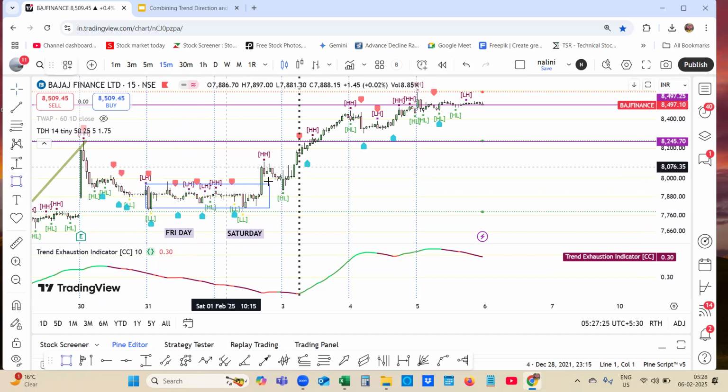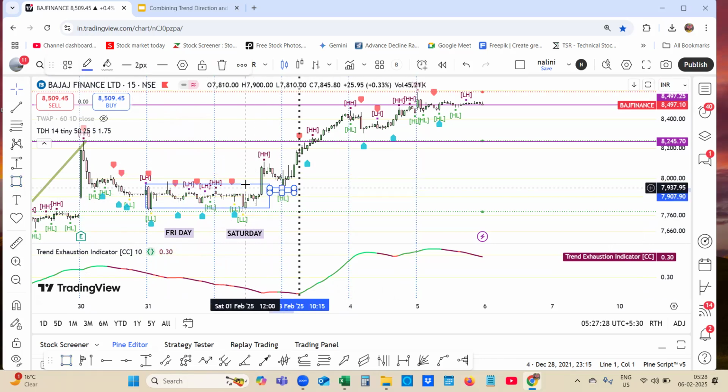When it comes above the box, making a higher high from this range box and making a higher low is a perfect entry, then there will be no hiccups in the market. That is a perfect entry if you would have entered here.